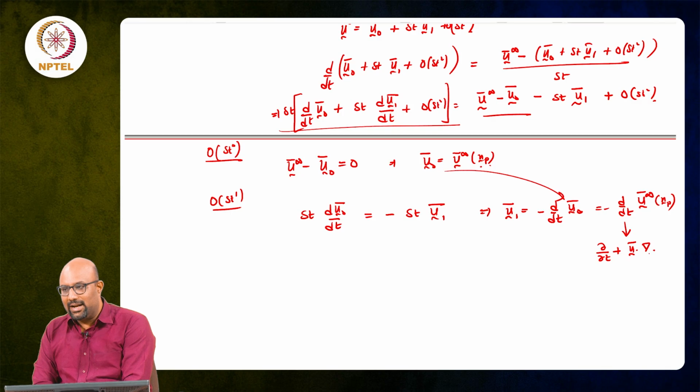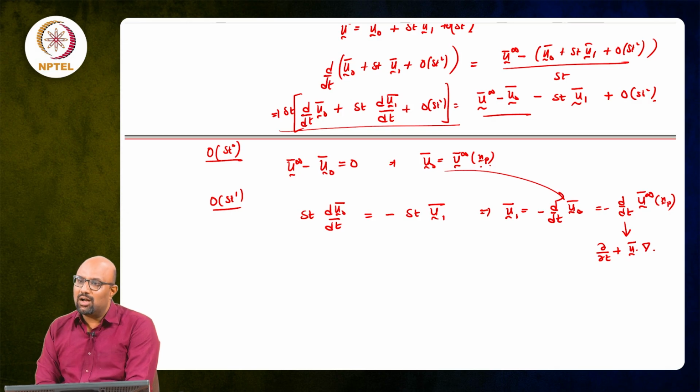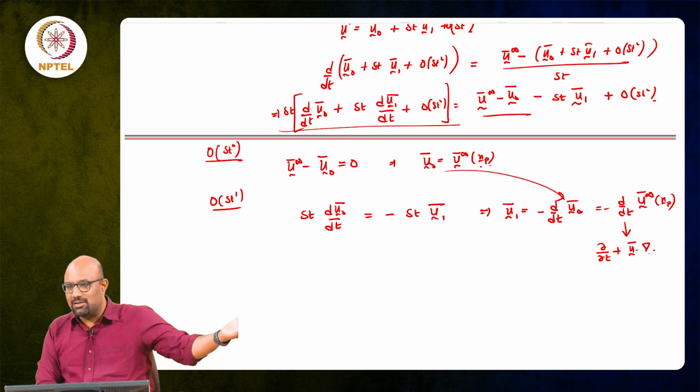So, it is a slightly bothersome term. It is a rate of change of the fluid acceleration as measured along a particle trajectory. Slightly, I mean, not a very nice term, because you are taking fluid velocity and measuring its rate of change along a particle trajectory.